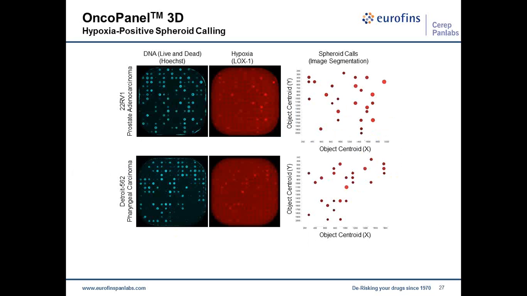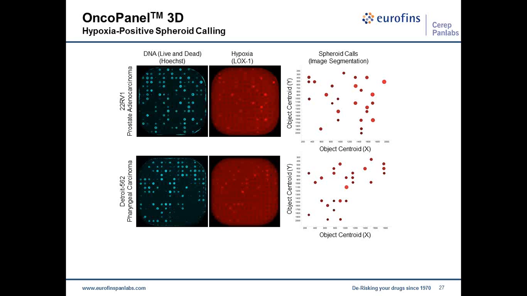One of the in vivo characteristics that we thought was going to be important to phenocopy was the presence of hypoxia in the center of the 3-dimensional aggregate or spheroid. So we developed a method to visualize hypoxia in each object, and we used two distinct dyes that are both live cell dyes.